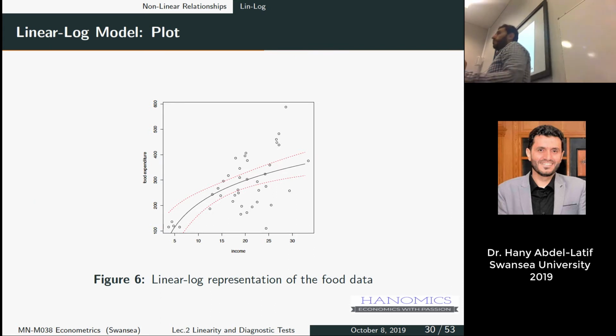The third example we look at is, we looked at the case when we have log on the left-hand side, the log-lin model, and how we interpret beta in the log-lin model.